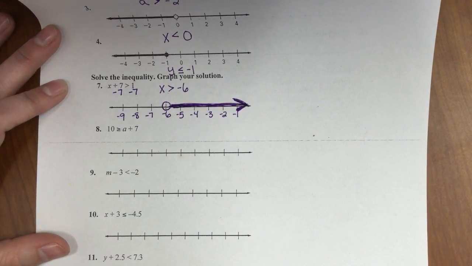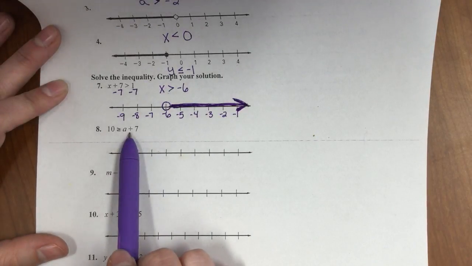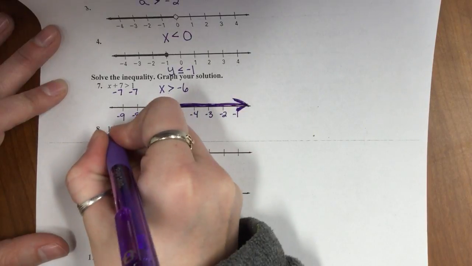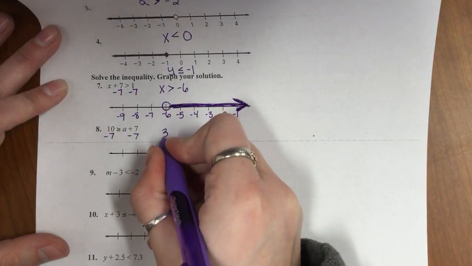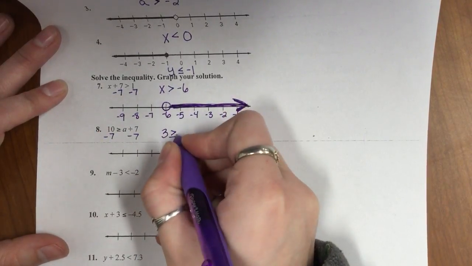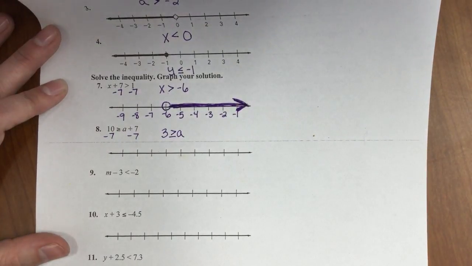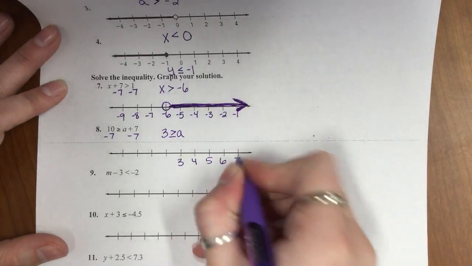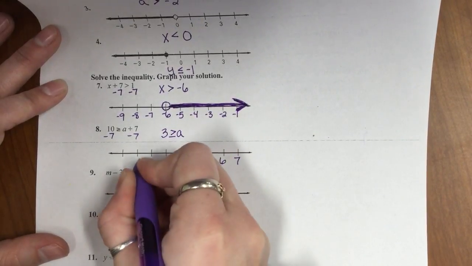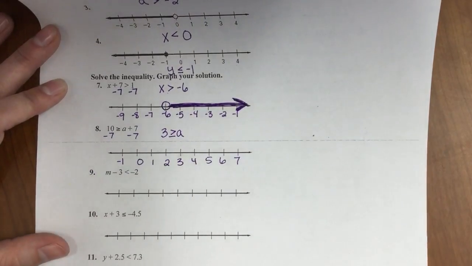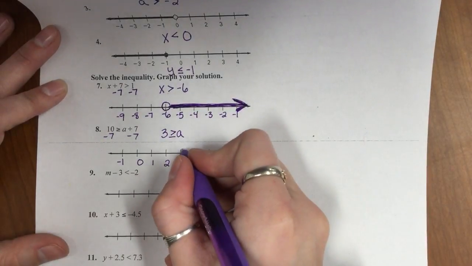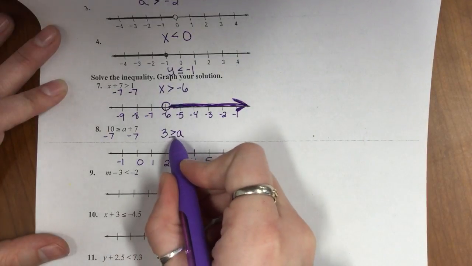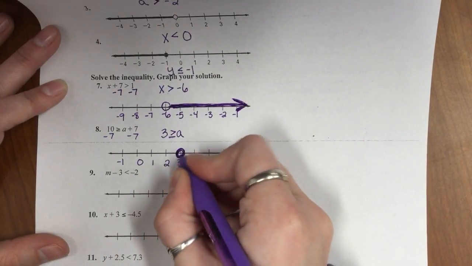How do we undo adding 7? Subtracting 7. 10 minus 7 is 3. 3 is greater than or equal to a. At 3, it's or equals to, so it is filled in.